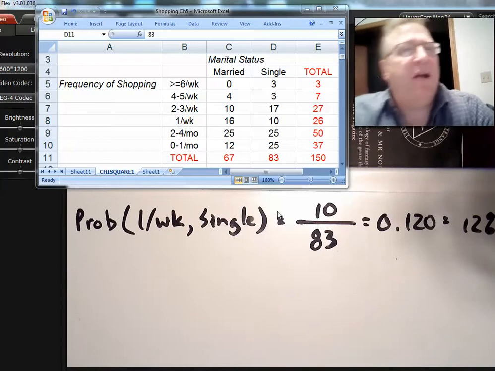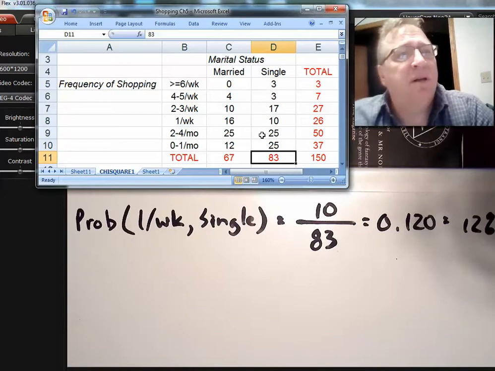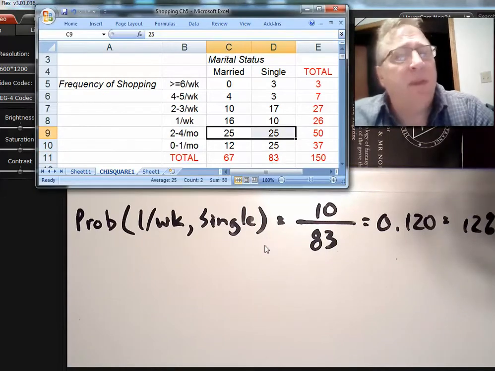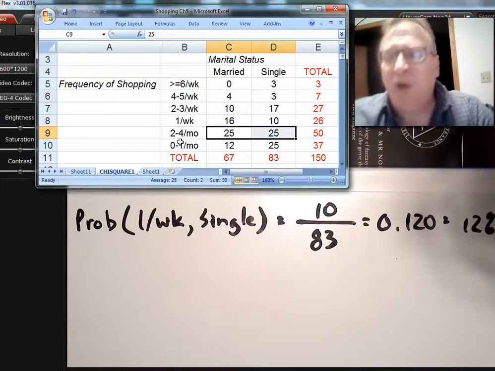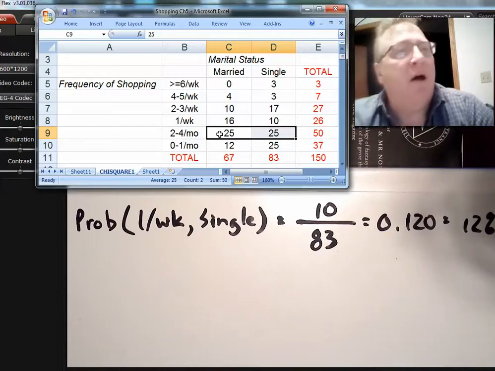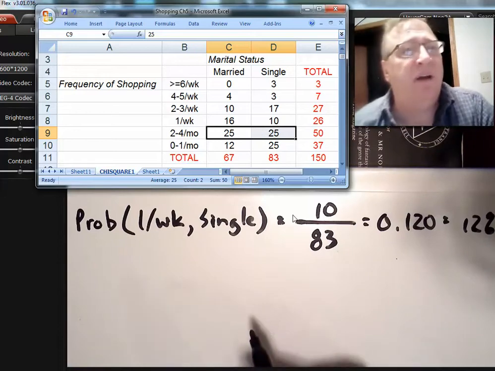Okay, so we can also compare. Let's talk about both single and married people who go to the mall 2 to 4 times per month. Who goes more often? Is it the single or married people? They look even, don't they? They're not even, are they?